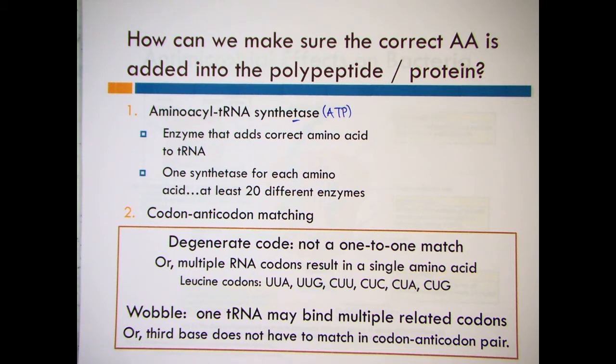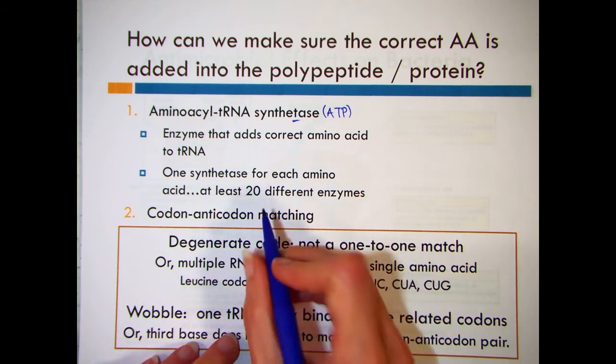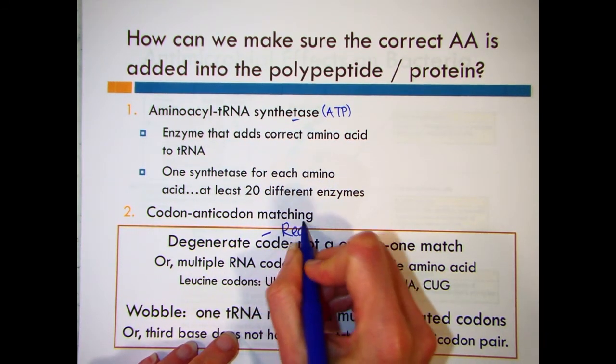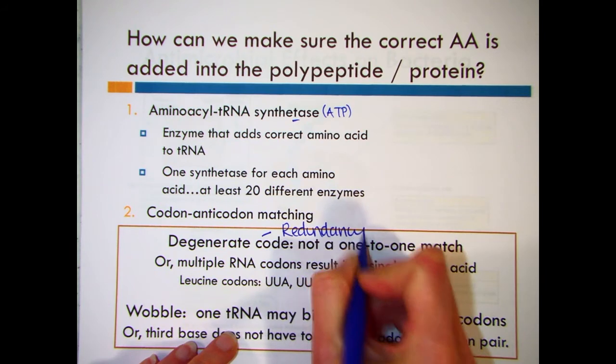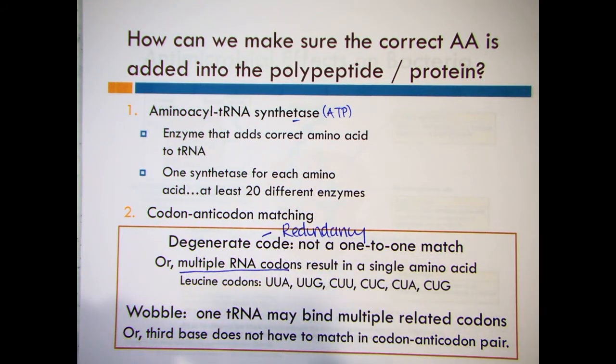What this means is that if there is a mutation, an inherited change in the DNA, but the mutation changes it to one of these other codons, the protein will still be assembled and work normally. And so degeneracy is like redundancy, and refers to the fact that there are multiple codons for each amino acid except for methionine that only has one, but all of the other amino acids will have multiple codons.